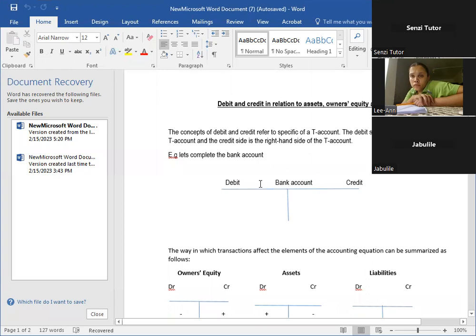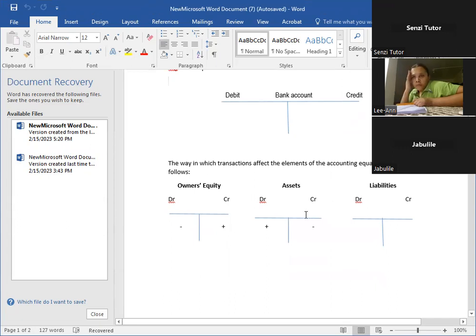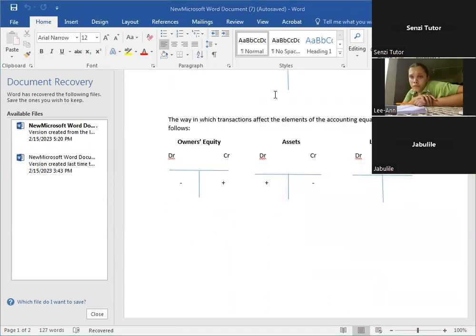On your left-hand side is the debit side, and on the right-hand side is the credit side. This thing is called what? A T account. Therefore, for all transactions that you may face, you need to open accounts for every transaction. All right, let's move on because we are rushing to do our corrections.